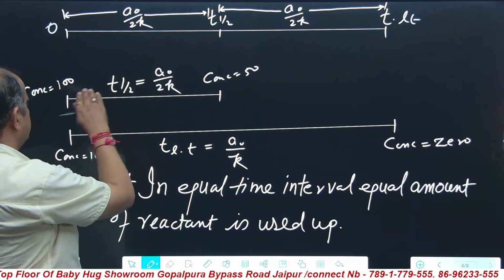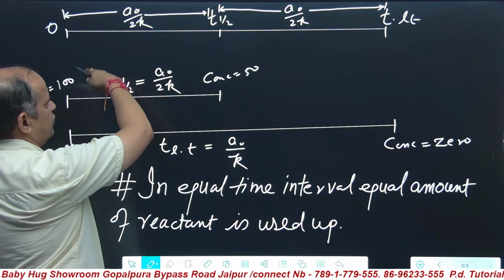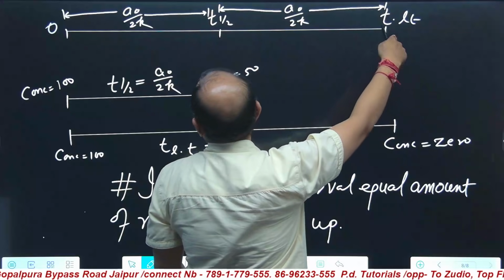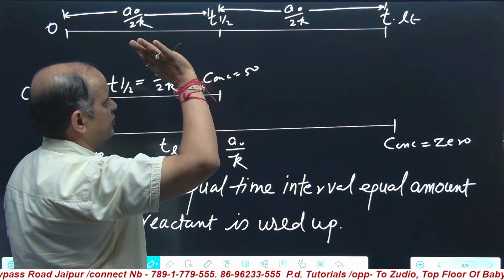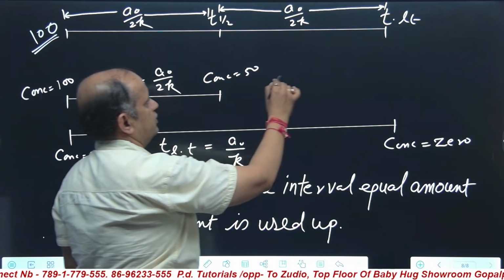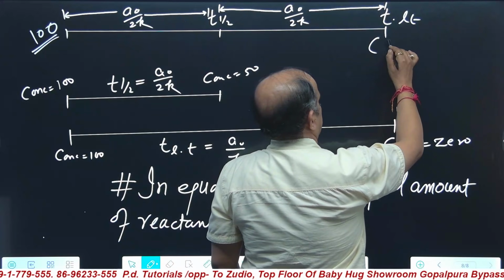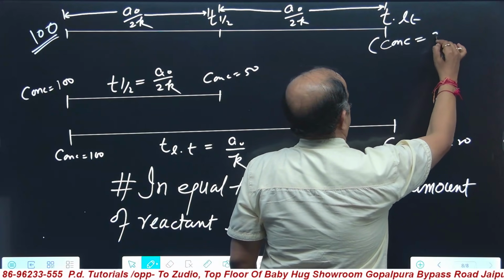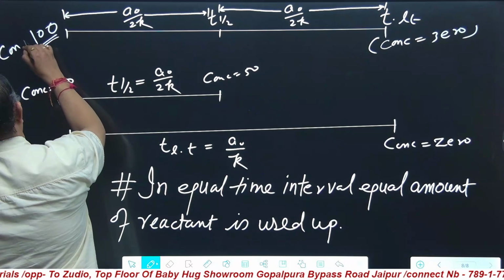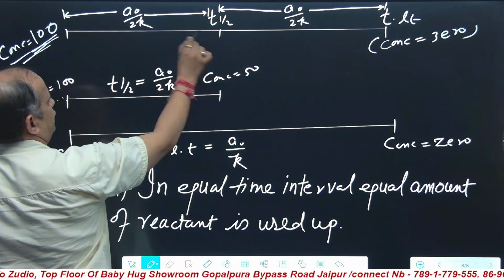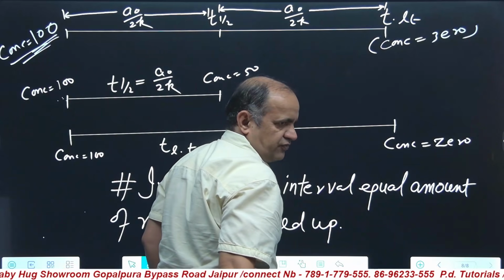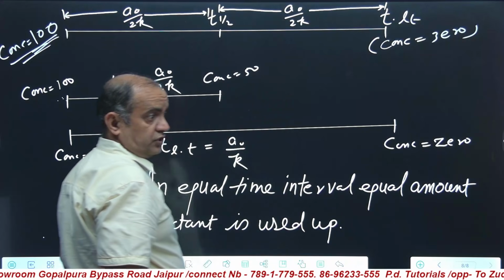From 100 to 50 takes A naught by 2K, and from 50 to 0 is A naught by 2K.